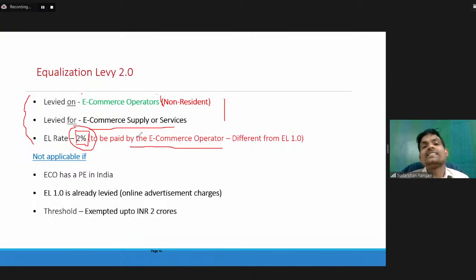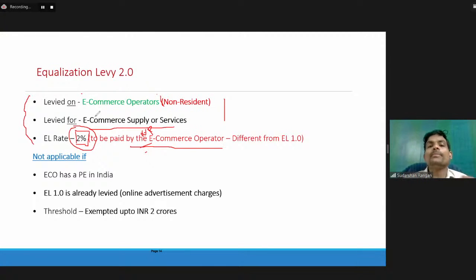And this is very important. Here, the collection mechanism is not left to the resident buyer or resident service recipient. Instead, the non-resident e-commerce operators themselves have to do this.